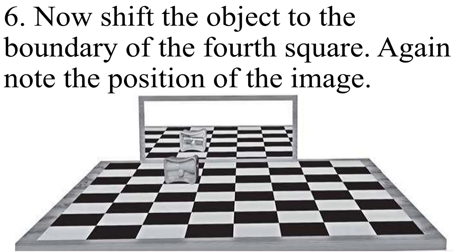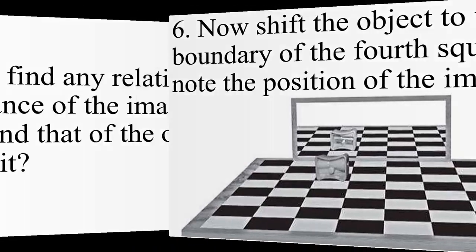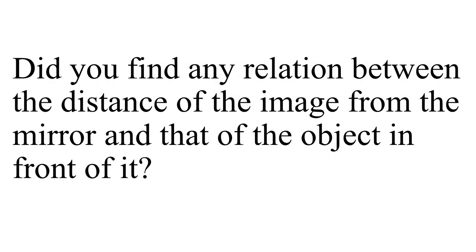You can check here that by counting the squares, the sharpener can be placed on the chessboard and its image can be clearly seen on the plane mirror. Did you find any relation between the distance of the image from the mirror and that of the object in front of it?